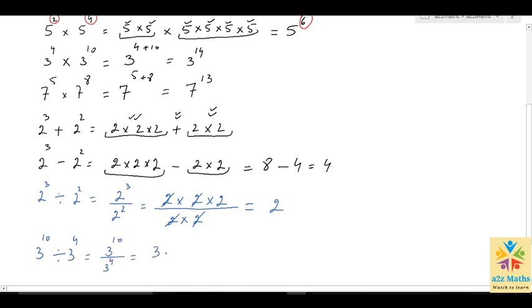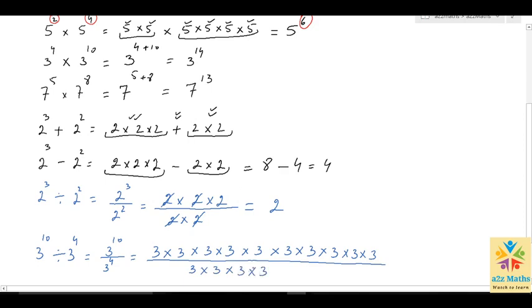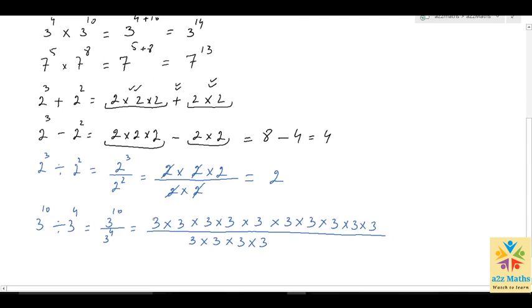Now write 3 times 3 times 3 times 3. How many 3's have I written till now? 1, 2, 3, 4, 5, 6, 7, 8, 9 and 10. And 3 to the power 4 is 1, 2, 3, 4. Now we do the cancellation: this is gone, the second is gone, third is gone, fourth is gone.